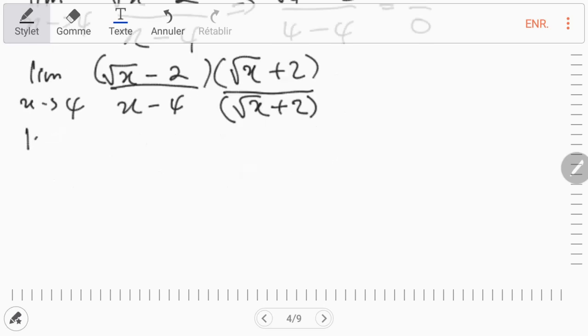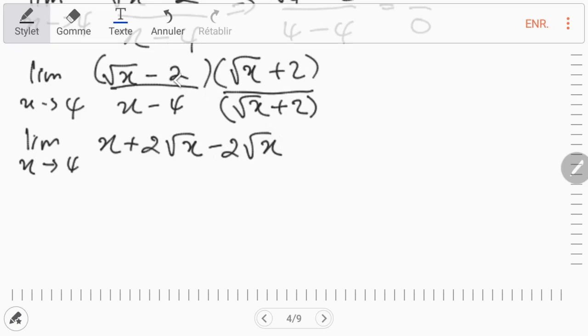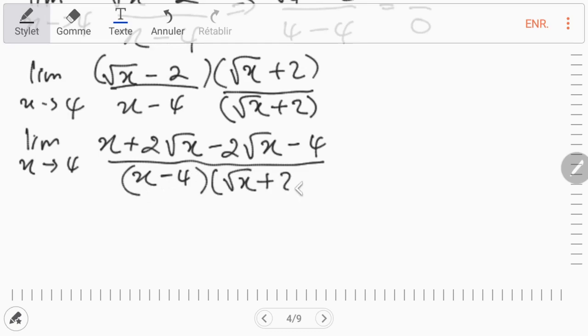Which will give us the limit as x approaches 4 of root x times root x, simply x, plus 2 root x, minus 2 root x, minus 2 times positive 2 gives us minus 4, all over the unchanged denominator, x minus 4 times root x plus 2. Here you see that this value and this cancels.